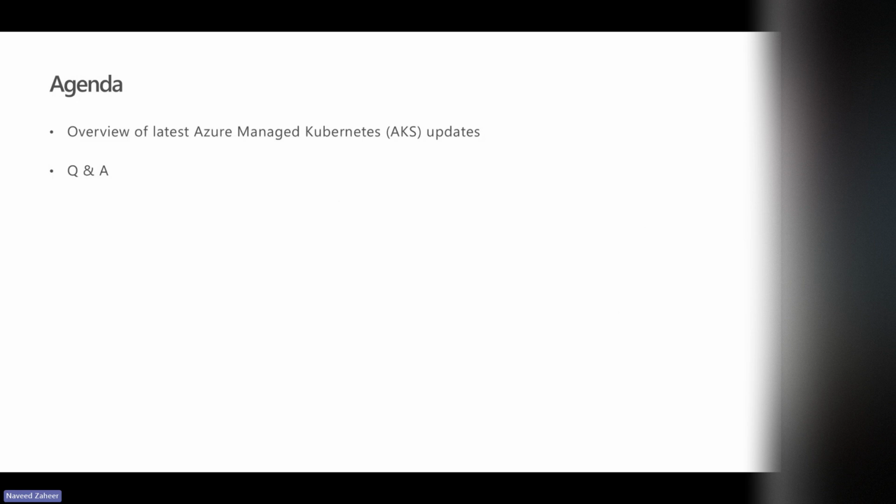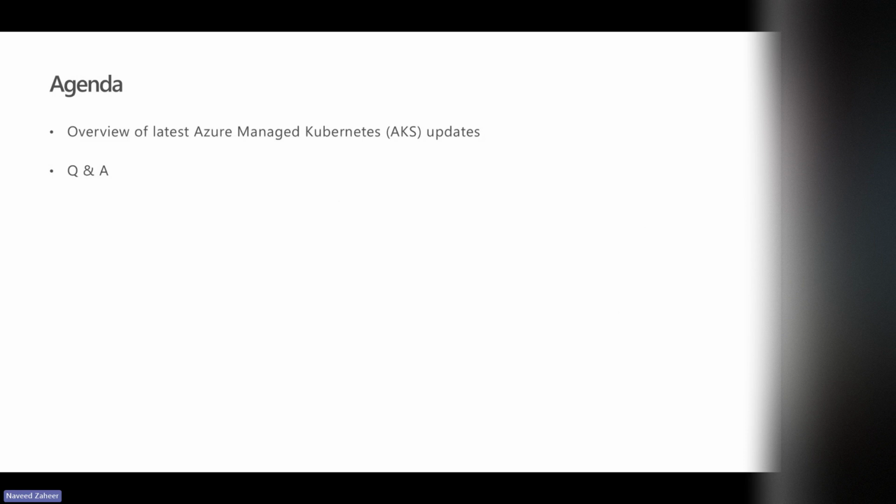We're going to talk about some of these updates, and we may not go in depth, but we will discuss them. I have placed a link for Azure updates, and you can take a look at it. What other updates are there?